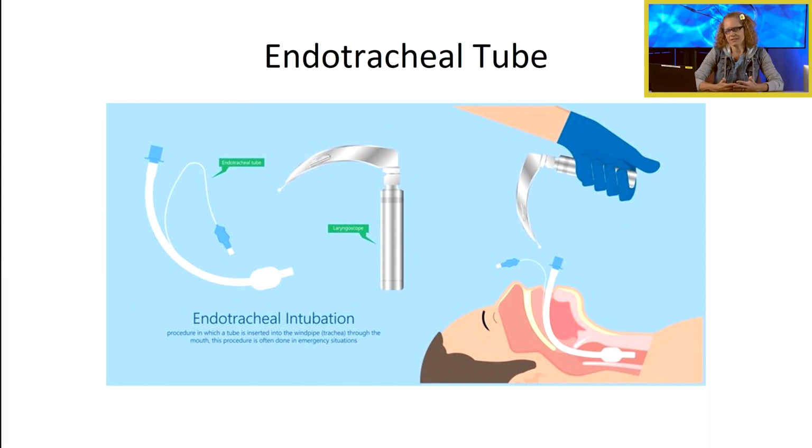When a patient comes into the emergency room in respiratory distress, and it becomes apparent that that patient needs to be intubated, meaning that we need to get them an artificial airway because they are not getting enough oxygen, then the first thing that will happen in that emergency situation is that they will be intubated.